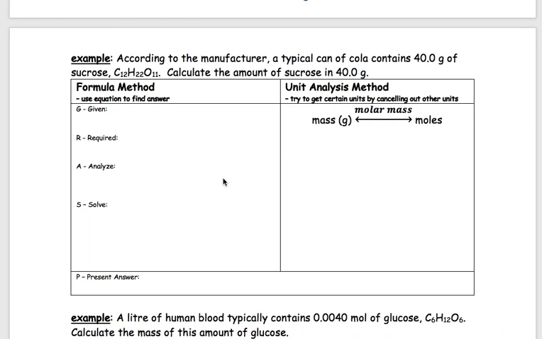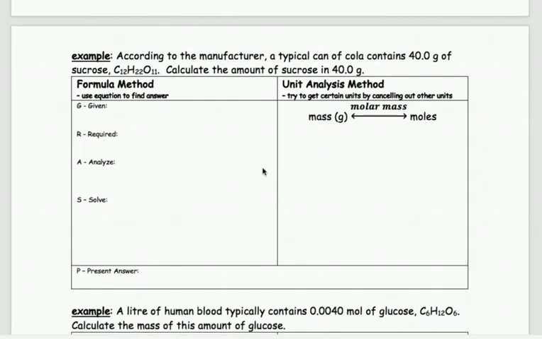All right, so we have a manufacturer. According to the manufacturer, a typical cola can has 40.0 grams of sucrose. Okay, there's the formula for sucrose. I want you to calculate the amount of sucrose in 40 grams. Okay, so now that you've read through the problem carefully, I want you to go through and identify all the stuff that you have.